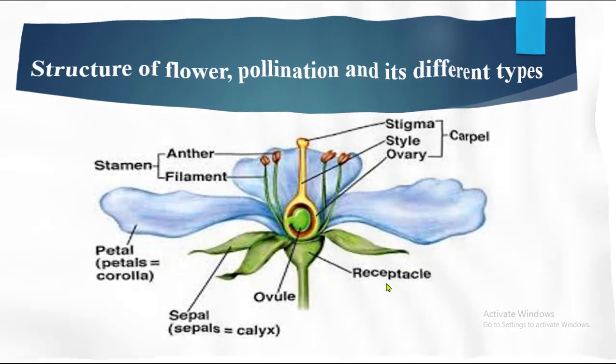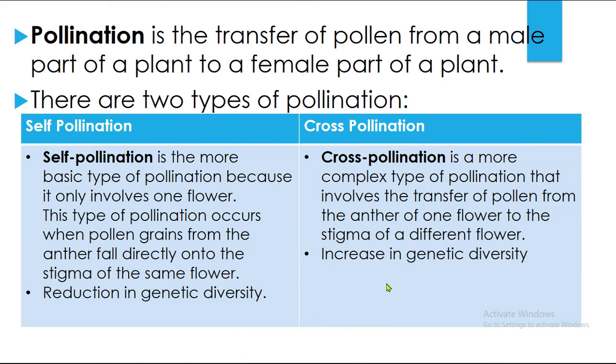Moving on, pollination. Pollination is the transfer of pollen from a male part of a flower to a female part of a flower. So you all have an idea that pollination always occurs within the same species, because pollination cannot occur with any other species.